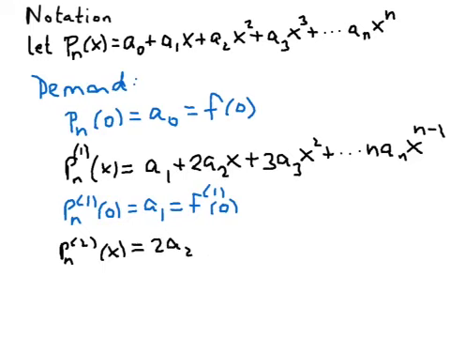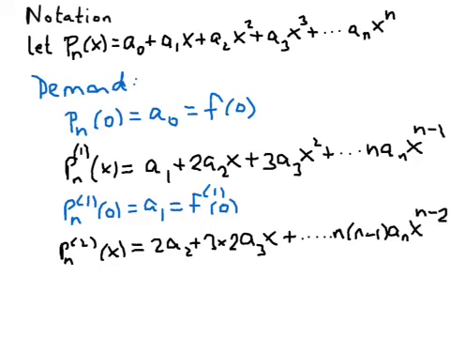And then the next term, when we differentiate this, we bring down a 2, and we have plus 3 times 2 times a3 times x, plus other terms, up to n times n minus 1 times an x to the n minus 2.